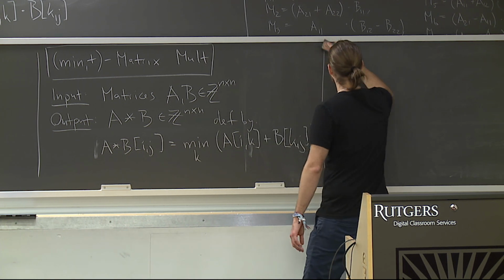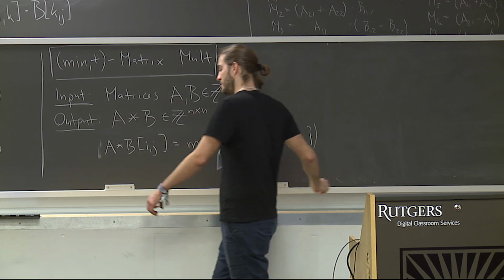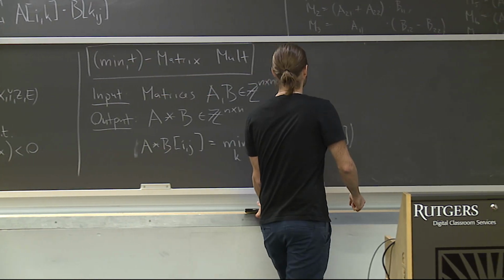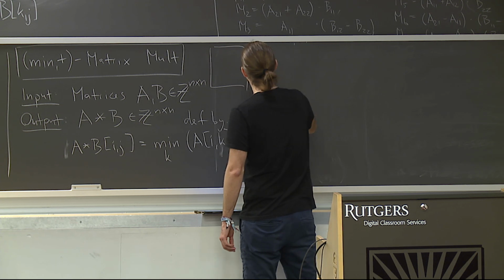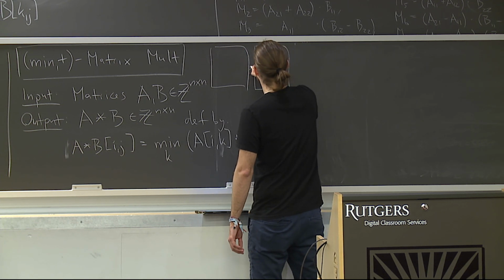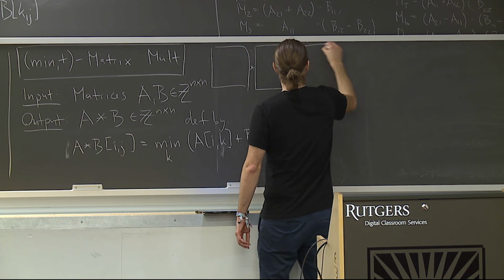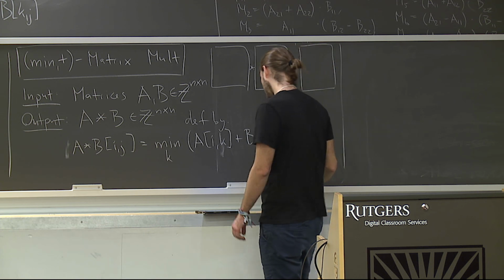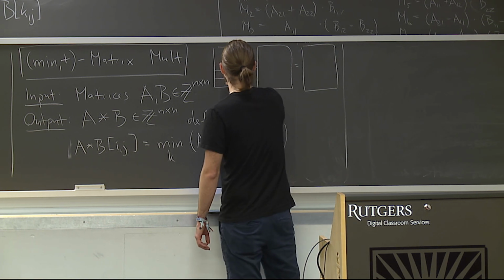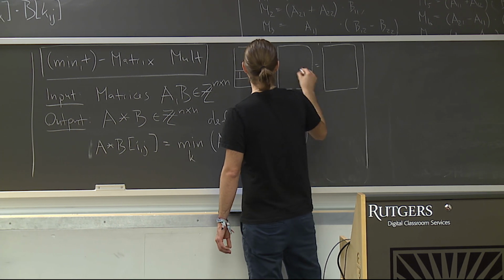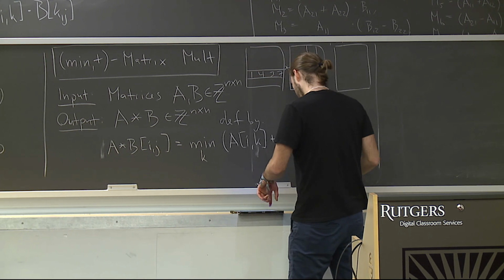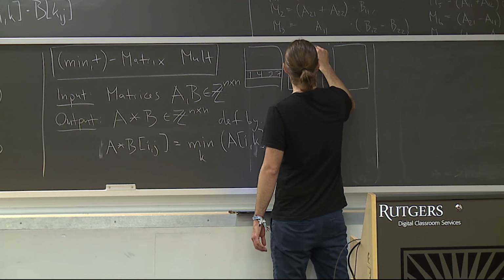Actually, maybe a very quick example. If you have a matrix which has a row with 1, 4, 3, and 7, you have a column with 5, 2, 2, and 3.